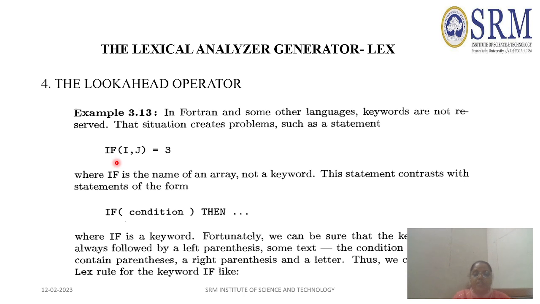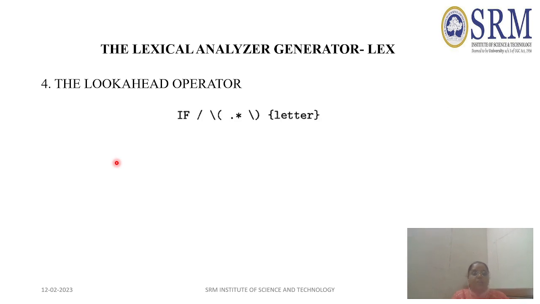For which the logic can be written like this. The look ahead operator can be written: if IF, it must have a space followed by backslash, left parenthesis, dot, star, backslash, right parenthesis, and a letter. So this backslash symbol is used before your left parenthesis and the right parenthesis.